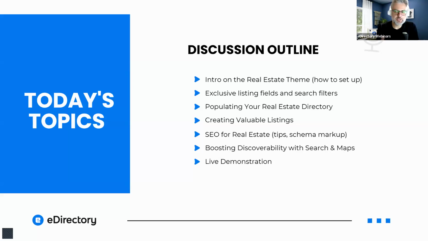After that, we'll talk about creating valuable listings and how to attract and convert visitors. Then we will talk about a crucial topic, which is SEO for real estate websites using the built-in tools that eDirectory has. And we will take a look at boosting discoverability with search and maps. Finally, we'll cap it all off with a live demonstration to give you a tour of how the real estate theme is made to work. Okay, so let's begin.